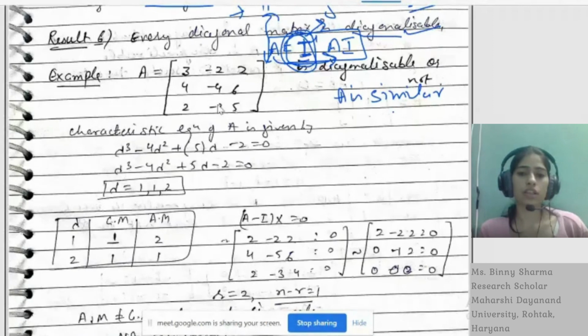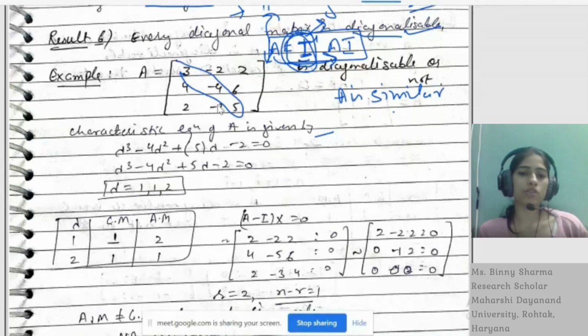The characteristic equation of A is given by lambda cube minus trace of A, that is 5 plus 3, 8 minus 4, 4, lambda square plus the sum of cofactors A11, A22 and A33 times lambda minus determinant of A. Then we get the characteristic equation lambda cube minus 4 lambda square plus 5 lambda minus 2 equals 0. After solving this, we got lambda equals 1, 1 and 2.